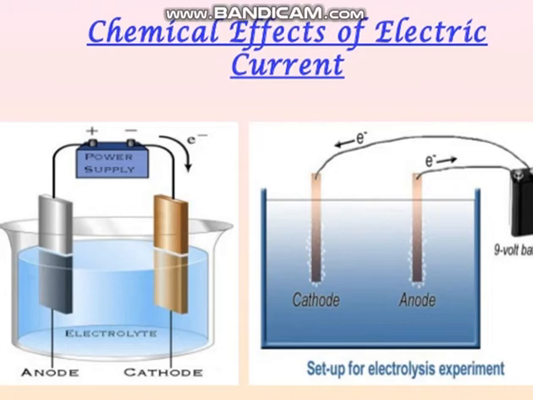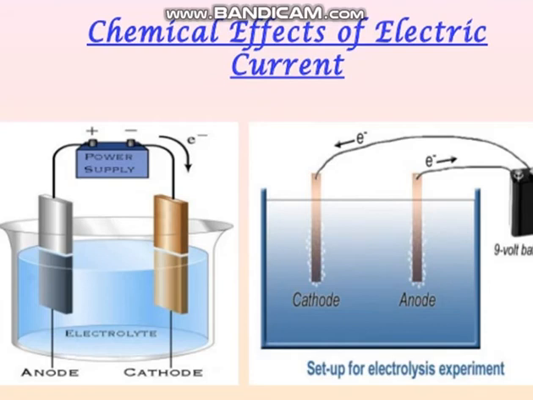Electrodes are the terminals which are attached with the battery: positive electrode anode, negative electrode cathode. And that whole setup, which includes the anode, cathode and electrolyte, is termed an electrolytic cell.